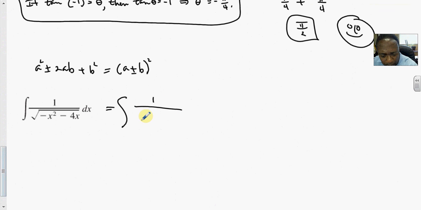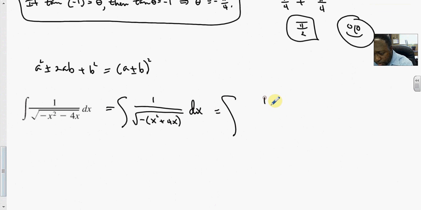So this is the integral of 1 over the square root. The first thing I'm going to do is to factor out a negative from within. I'm not taking a negative outside of the square root. That's impossible for real values, right? So now I'm going to complete the square on that 4.